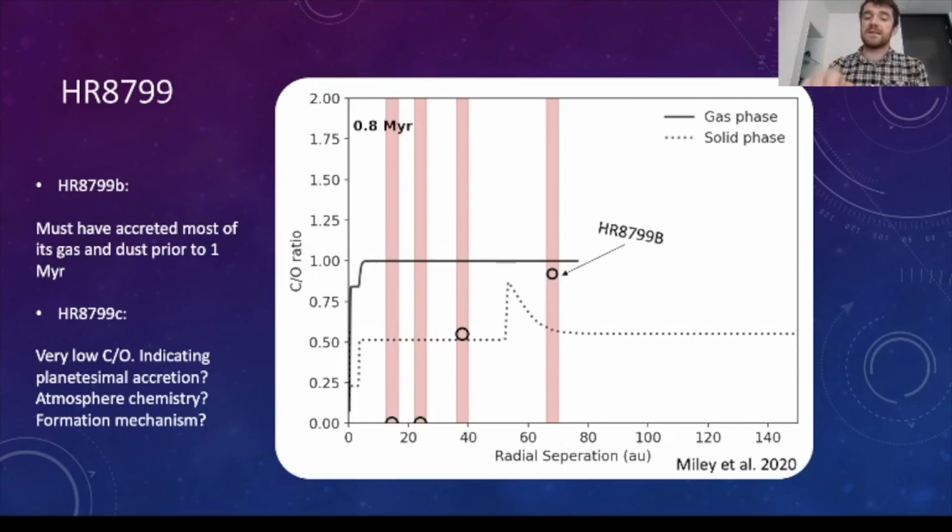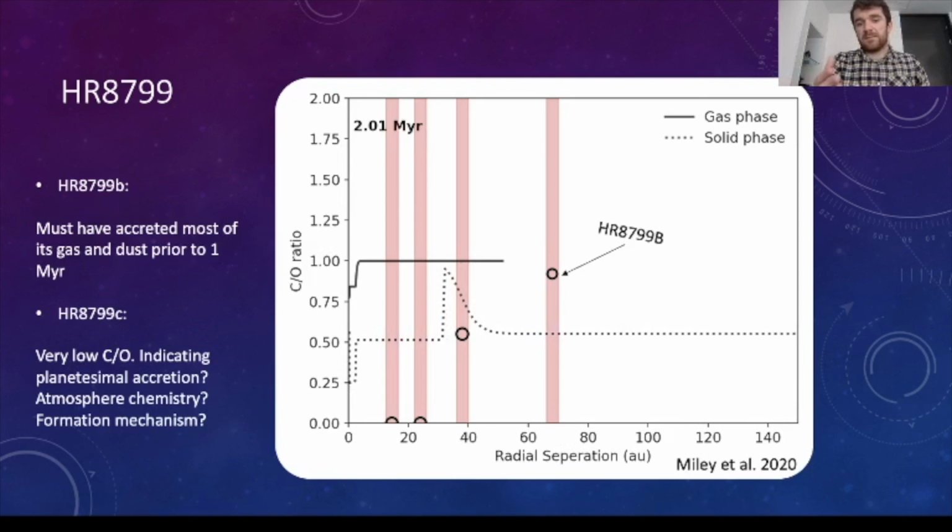But what we do see is that by about this point, about 1 million years, the CO snow line seems to move inwards of the position of HR8799b, according to our radiative transfer models and for the disk mass we've assumed here. So that means planet b must have accreted the vast majority of its carbon and oxygen before this point. So at the moment, after this point, there's just hydrogen, right? There's not much to bring that C to O ratio up to the really high value.